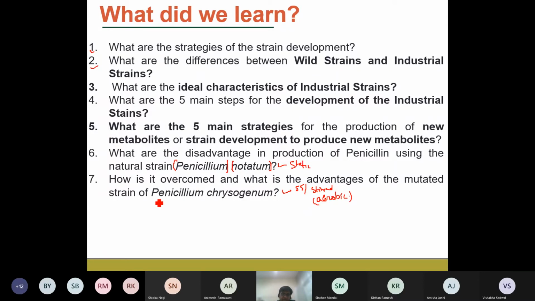Whenever you write the name of a microorganism in slides or in a word file, you have to write it in italics. When writing by hand, for example in your exam copies, you have to write the name and then underline it. This is the basic way to write the name of a microorganism, and it has to be followed when writing your answers for your mid semester or end semester examination.